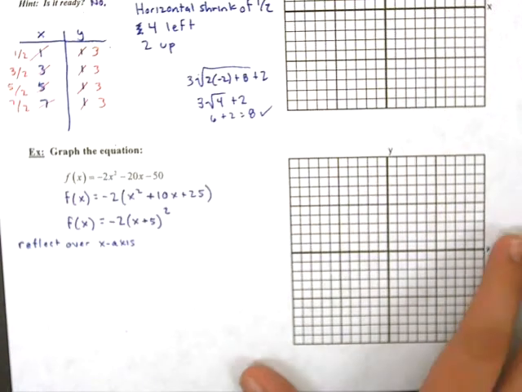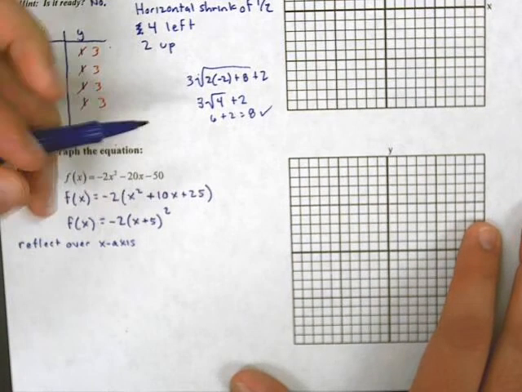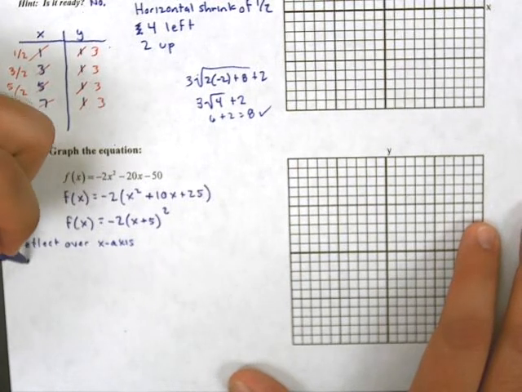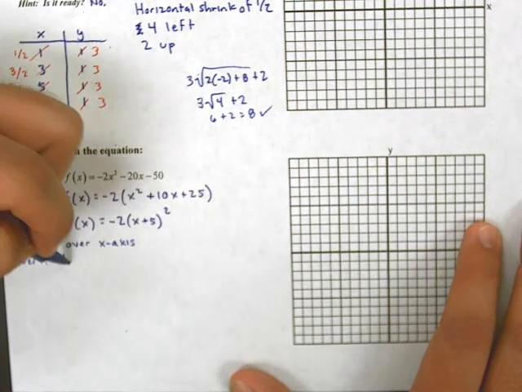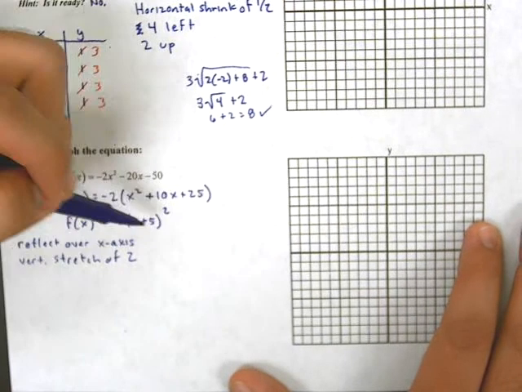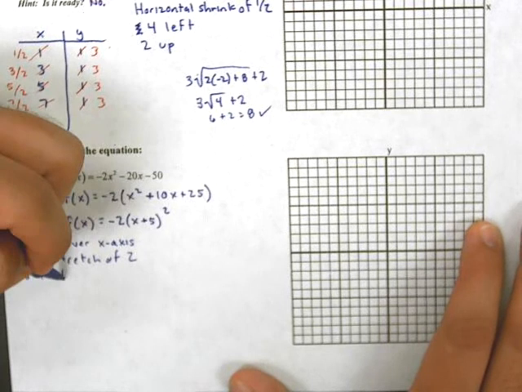Okay, let's see what else. I know I have a positive 2 outside the function, so that means a vertical stretch of 2. And then lastly, I see 5, and this will be to the left.